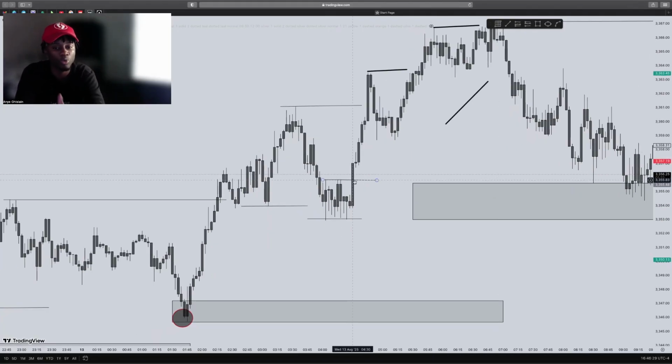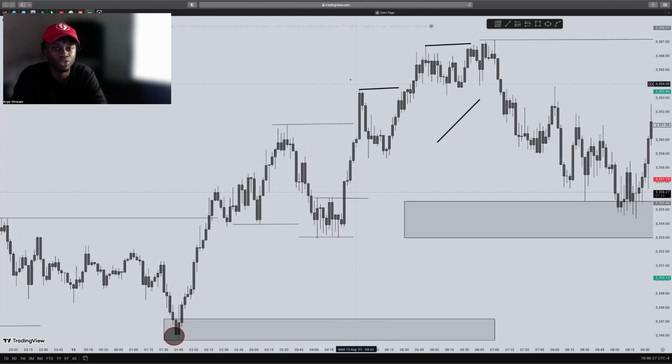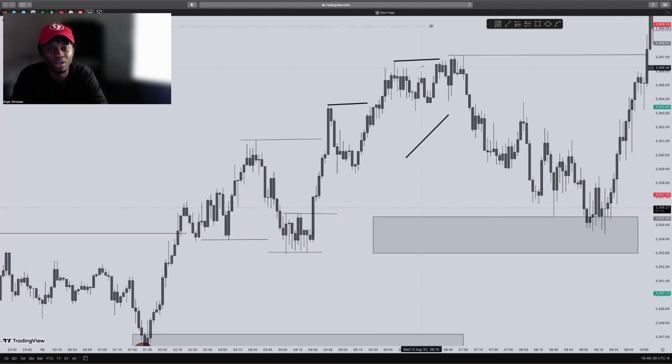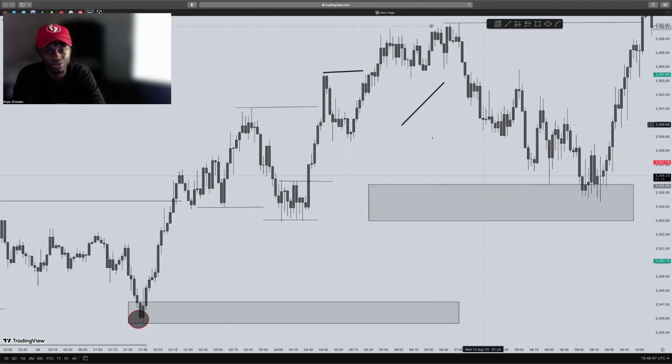When it breaks loose, one side is going to win. Either the sellers win or the buyers win. In this case, the buyers won and they pushed the price up. Broke structure again. This one, I don't really say structure, it's just a consolidation really. So I'll delete this. Price kind of just consolidated here and then continued down.